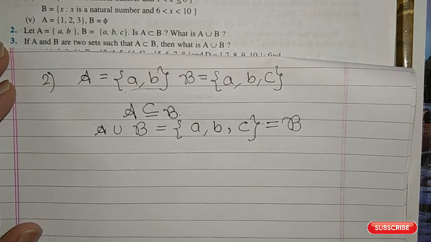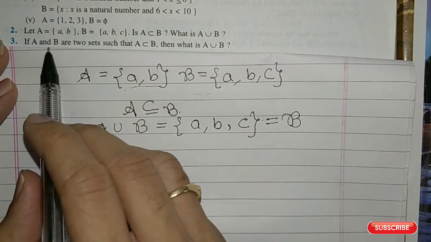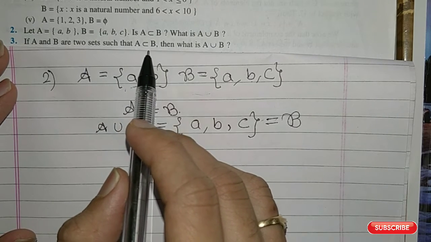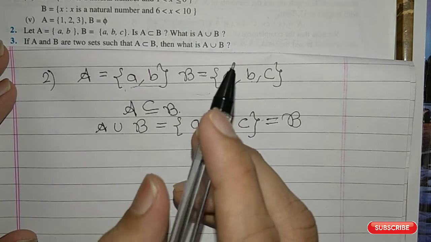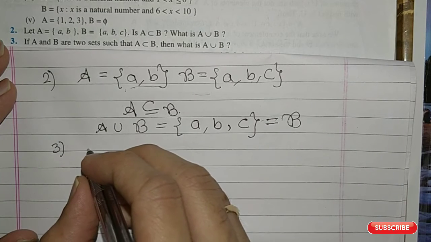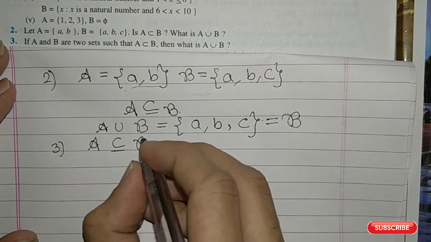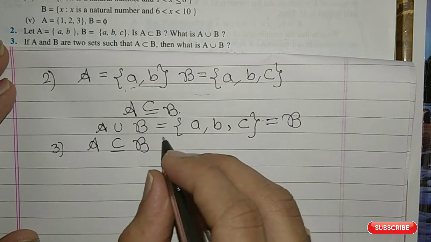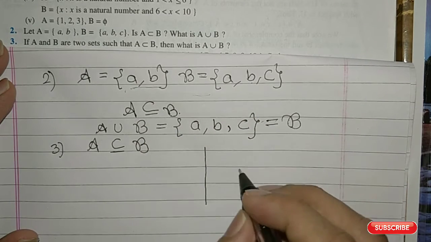Now let us go to the third example. The third example is, if A and B are two sets such that A is a subset of B, then what is A union B? They have given that the set A is a subset of the set B. We have to tell what is A union B. So you look at the Venn diagram.